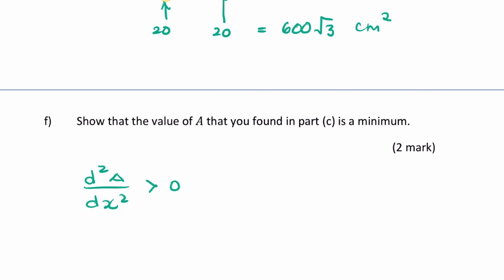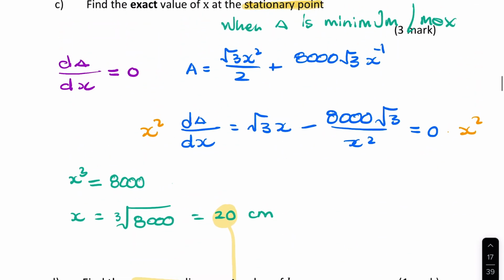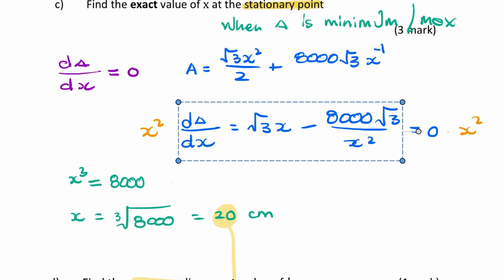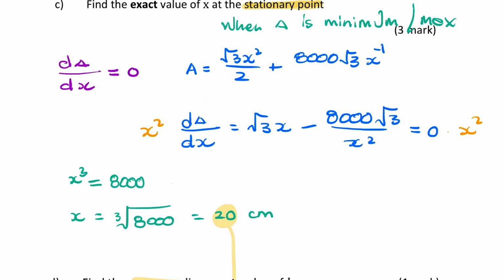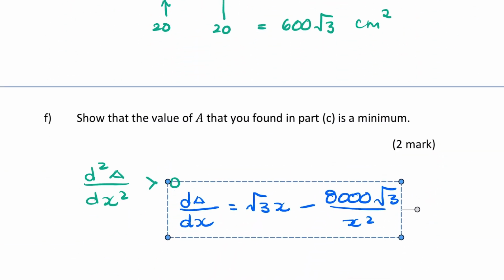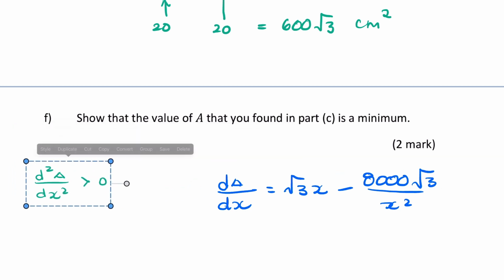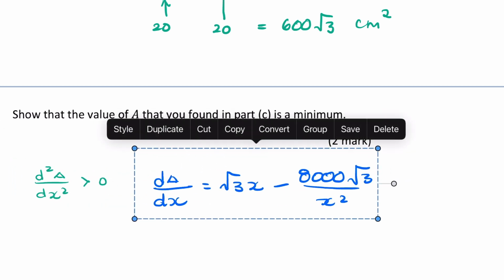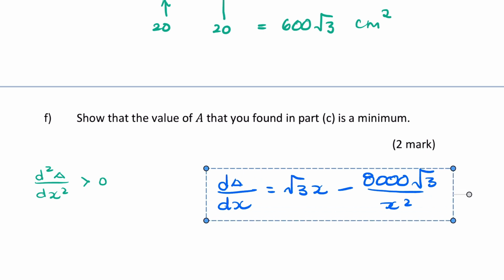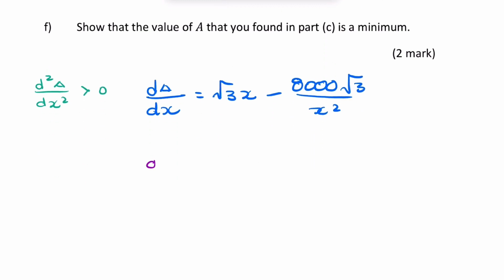All right. The first derivative we found was here. So that was our first derivative. We need to differentiate that again. So our second derivative should follow from that.